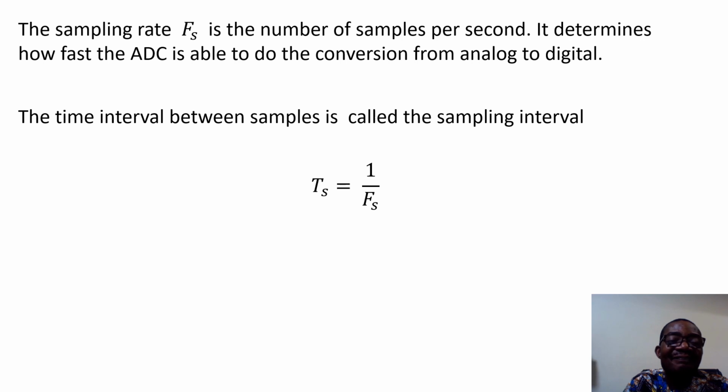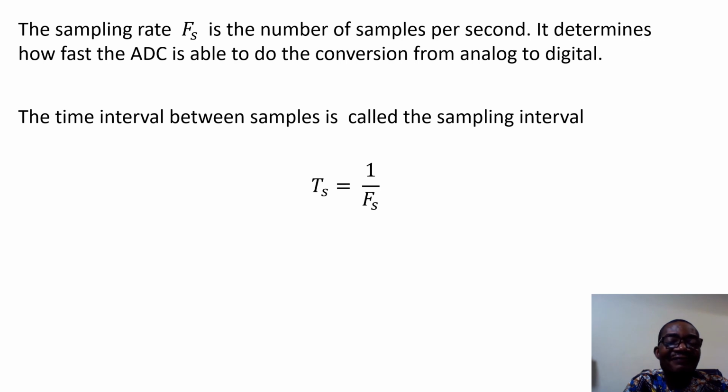Before that, sampling. Sampling has to do with taking records of the analog signals at specific time intervals. The sampling rate is the number of samples that are measured or taken per second.